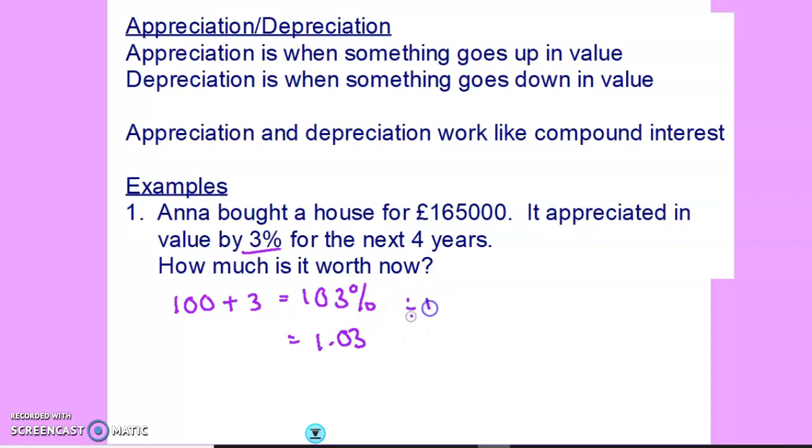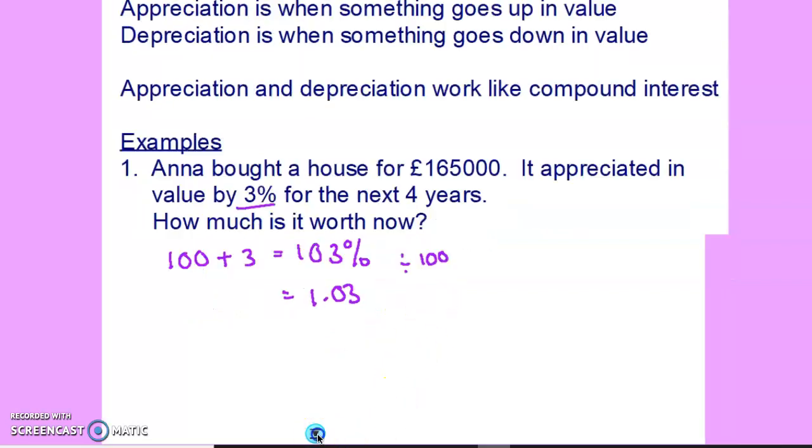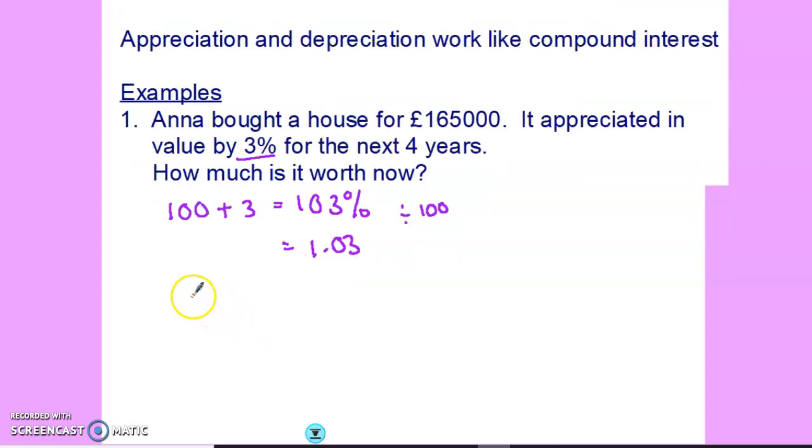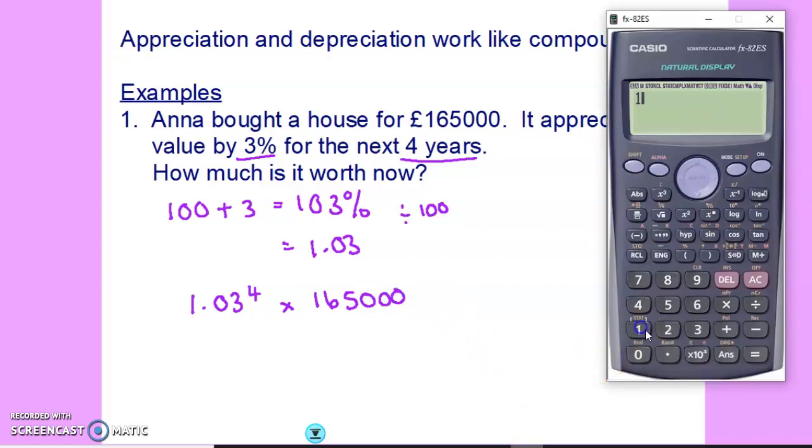Reminder, to get from a percentage to a decimal, we're just dividing by 100. So my multiplier is 1.03. It's for 4 years, so do it to the power of 4, and I times by my 165,000. We can of course do this the long way. You can do 3%, add it on, 3%, add it on, 3%, add it on.